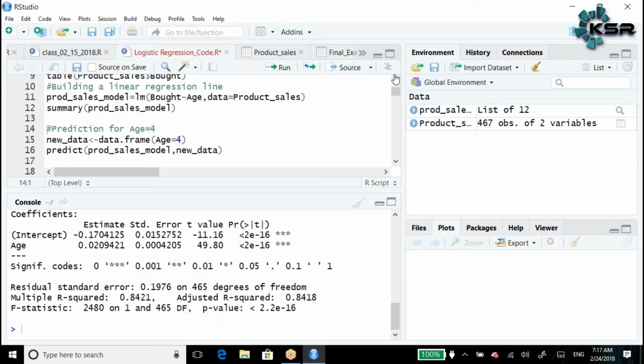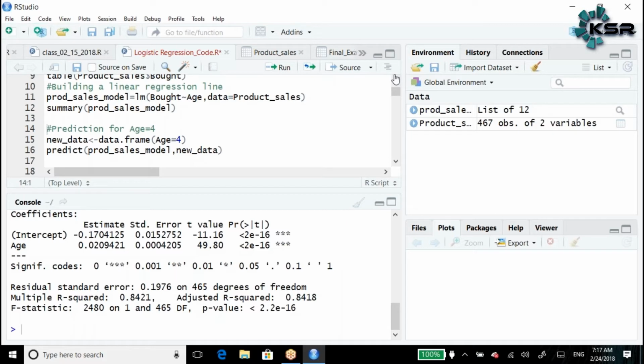So we are trying to predict whether the customer is able to buy the product or not. That means, can we tell it in terms of probability values only, or in terms of percentage values only? If you focus clearly on the business definition, with respect to age, whether the customer will buy the product or not buy the product.